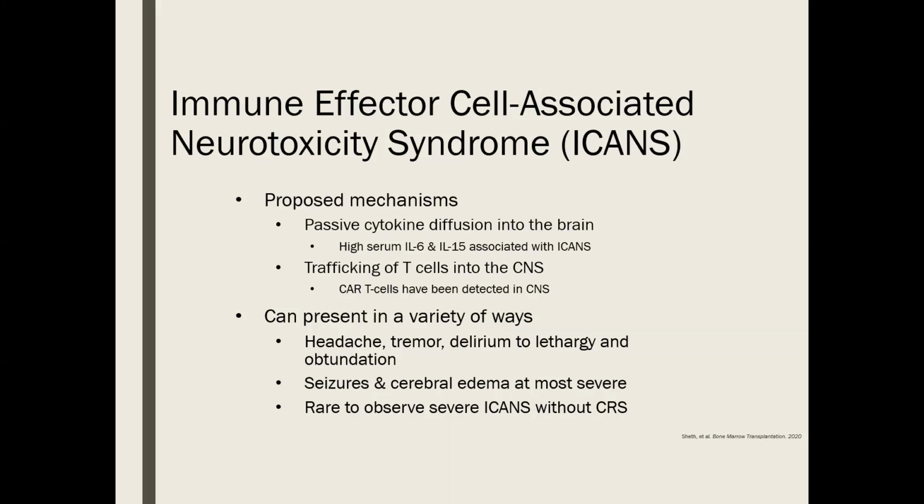This can present in a variety of ways, everything from a headache and tremor, all the way to lethargy and obtundation, seizures and cerebral edema at the most severe, and it's rare to observe ICANS without concurrent CRS for our patients.